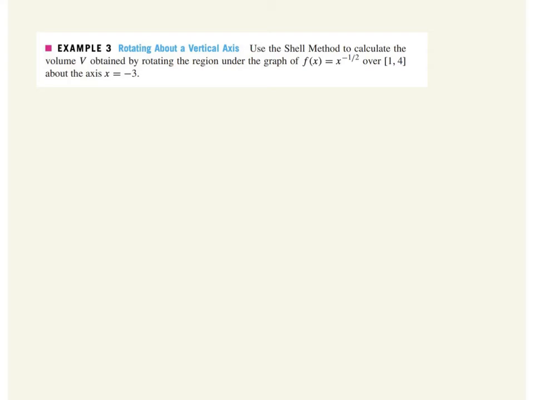So here we have rotating about a vertical axis, a different vertical axis. Use the shell method to calculate the volume V obtained by rotating the region under the graph of f of x equals x to the negative 1/2 from 1 to 4, about the line x equals negative 3.